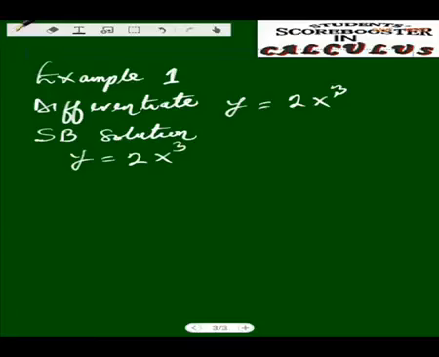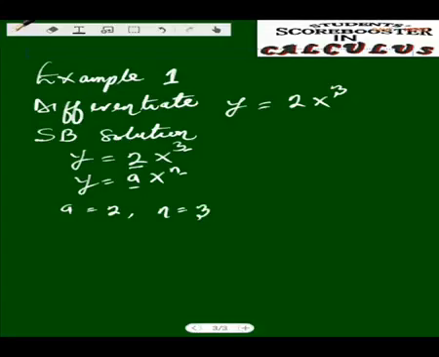Now the general formula is that y is equal to ax raised to power n. Now if you compare these two, the meaning is that your a is equal to 2 and your n is equal to 3.